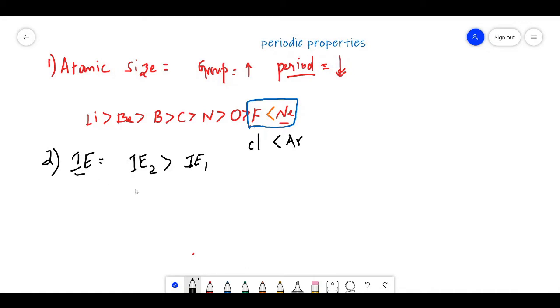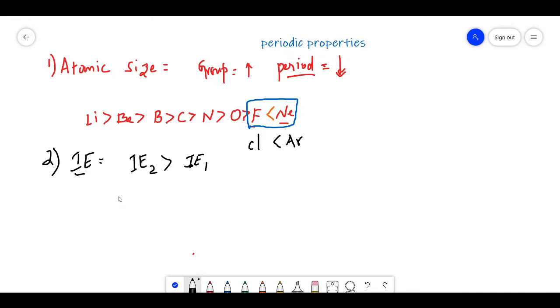And next, one very important point is that ionization energy is inversely proportional to size. If size increases, ionization energy decreases, and if size decreases, ionization energy increases. This ionization energy also depends on some factors like nuclear charge, screening effect, penetration power, and the most important point, half filled and completely filled configurations.